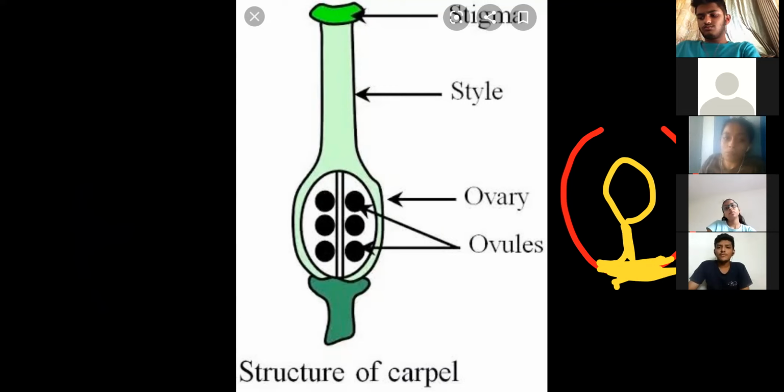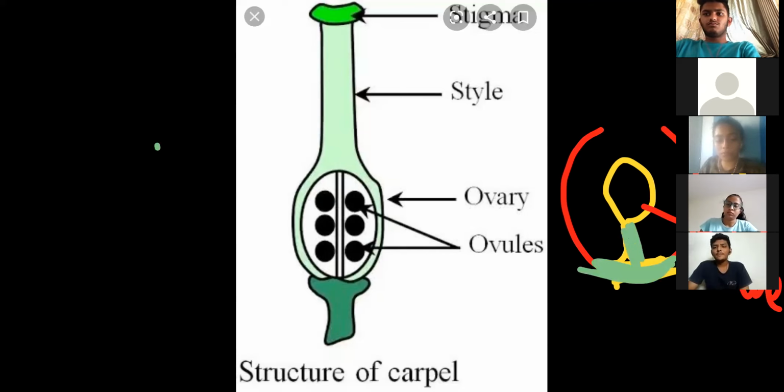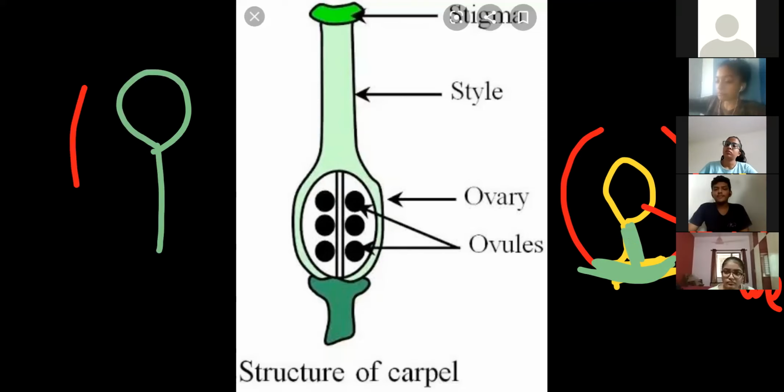So over here, understand that ovary is there. Next part, this one is the ovule, and this part where these two structures connect, ये ovule का stalk है, right? This is the stalk of the ovule. Next, here the ovary is there.